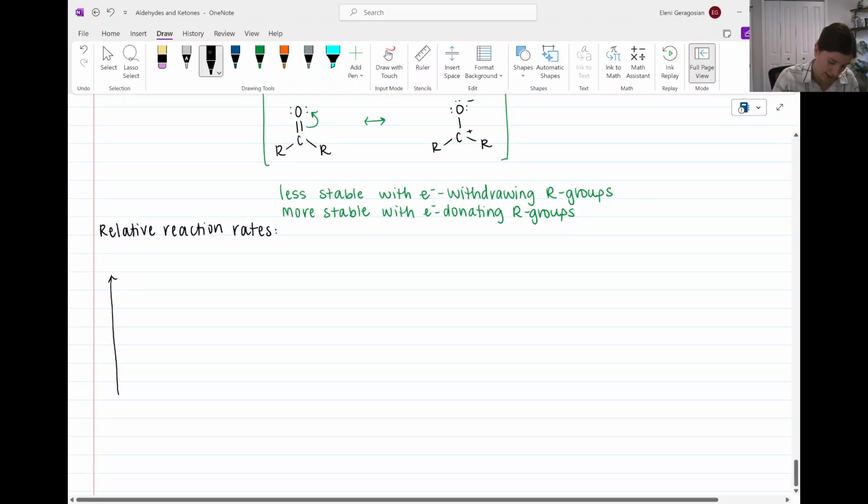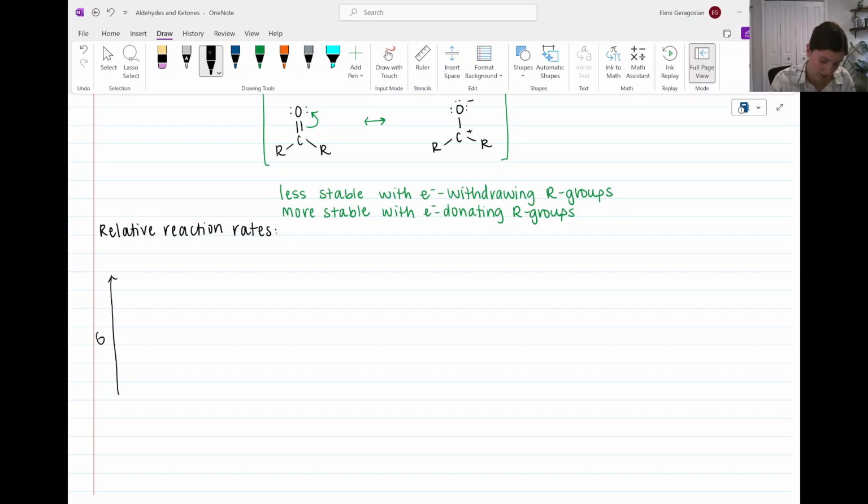Our y-axis is increasing free energy, so G for Gibbs free energy, or even just standard free energy, and then reaction progress on the x-axis.